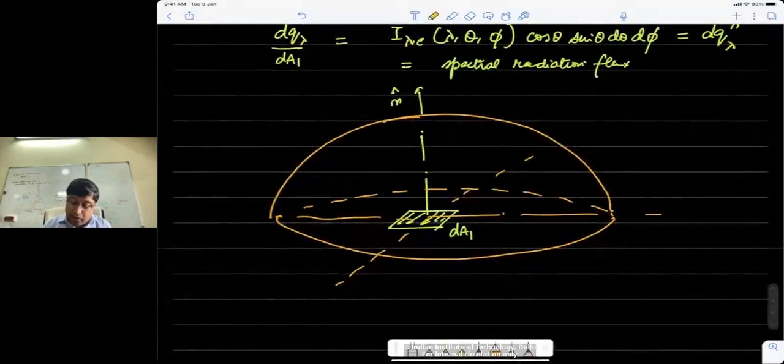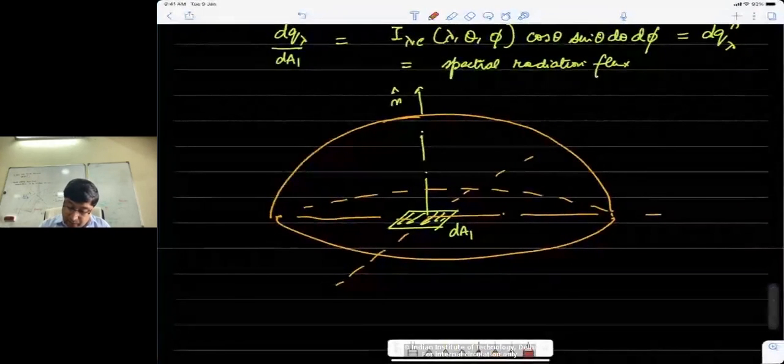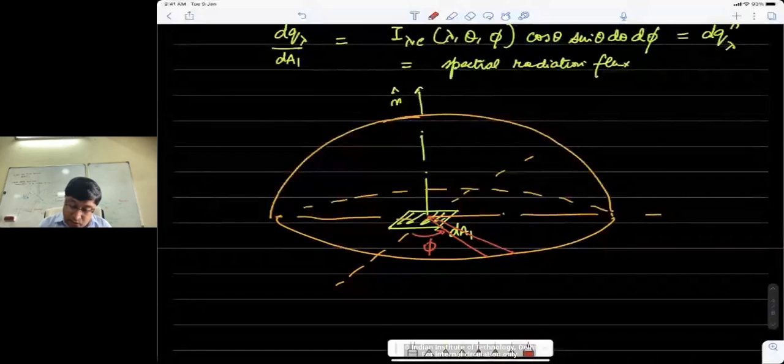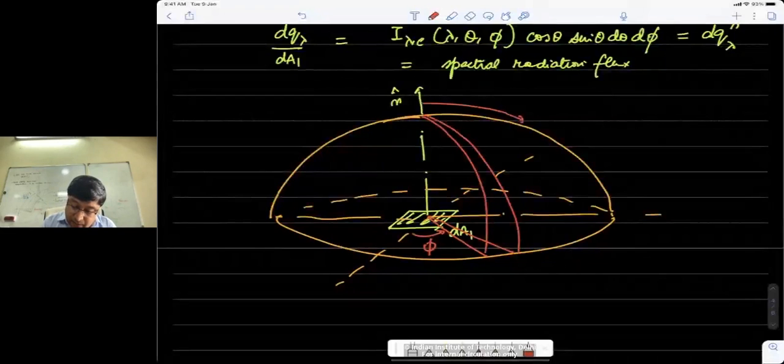So there I can again go back to the same idea that at a distance phi here we take an element d phi. Okay, and so that basically goes something like a slice of a lemon, or a watermelon. And at an altitude of theta, so let me say theta is measured here, we take an element d theta.